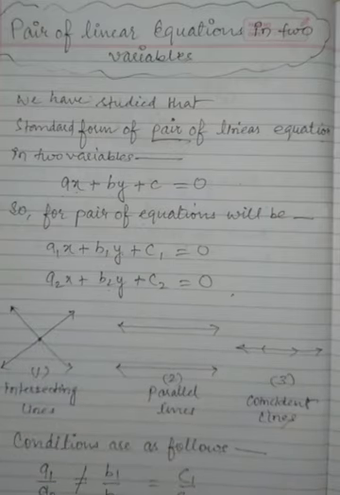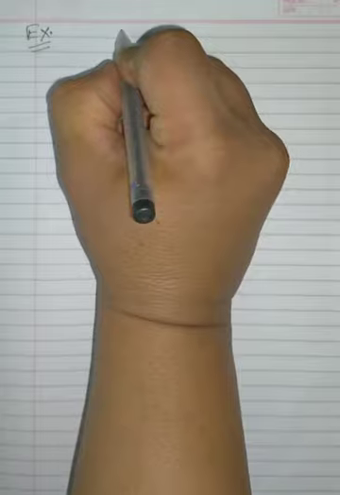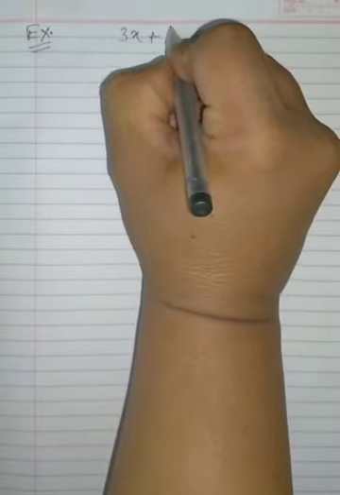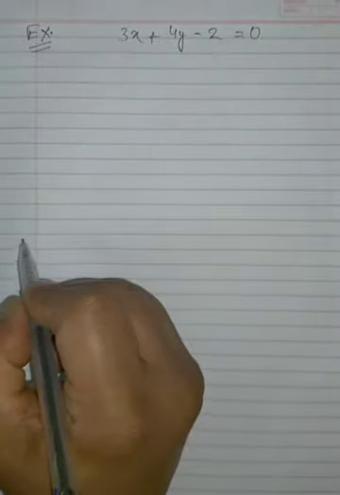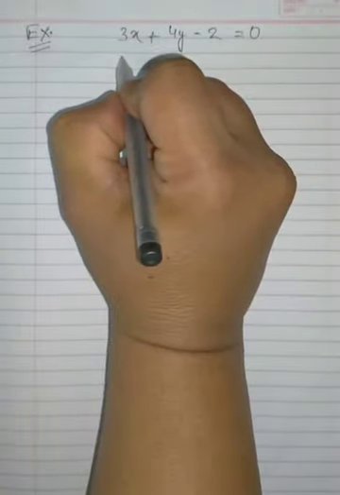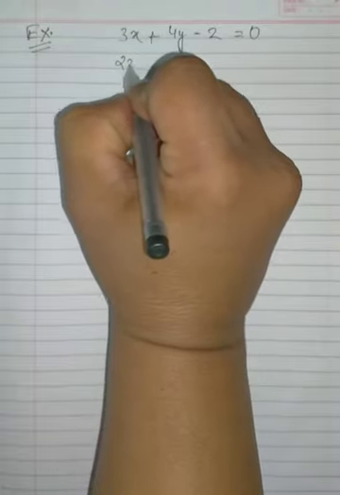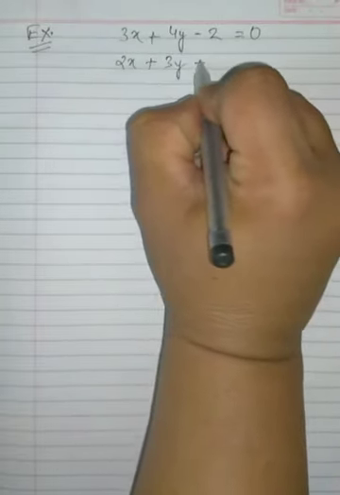Okay? For example, suppose the two equations are 3x plus 4y minus 2 equal to 0 and 2x plus 3y plus 5 equal to 0. Okay, these are the two linear equations.